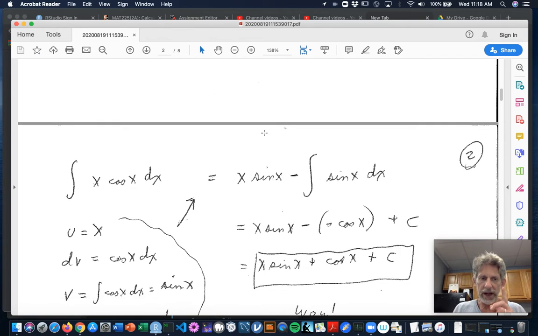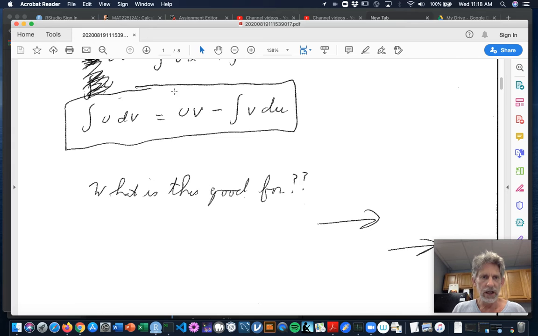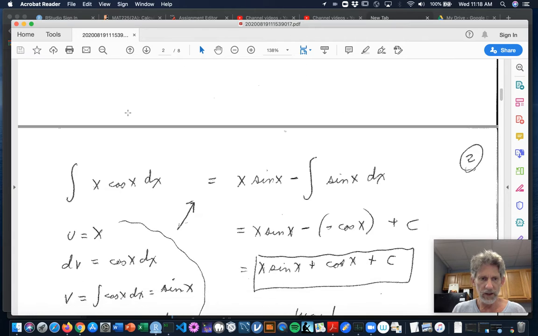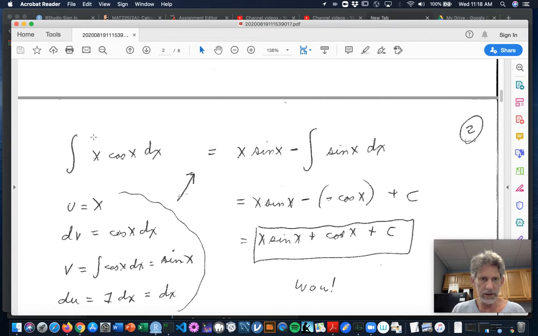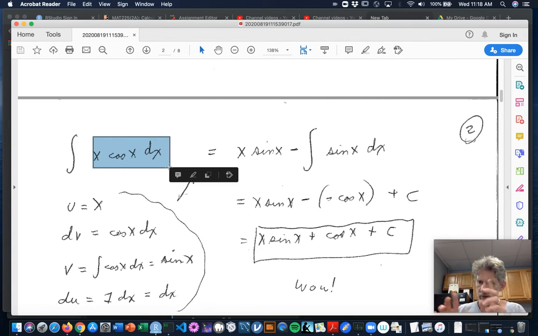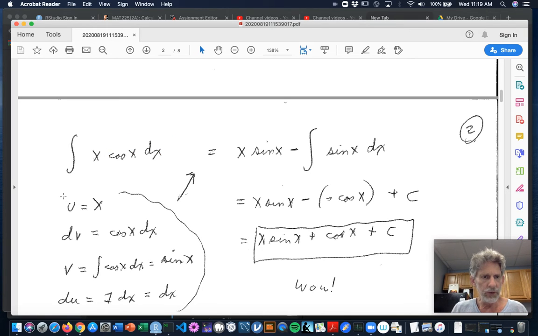To do that, we would have to choose a part of our problem to be the u and the rest of the problem to be the dv. So looking in here, I'm going to make a choice. This is the inventiveness, the creativeness of it. The choice is up to me, and some choices are helpful and some of them are not. But I'm just going to make the choice to let u be the x bit of that.